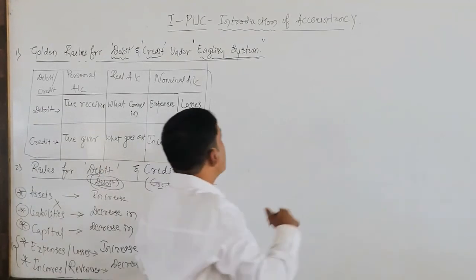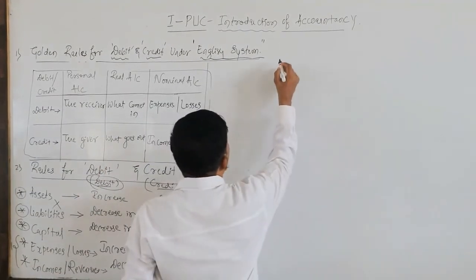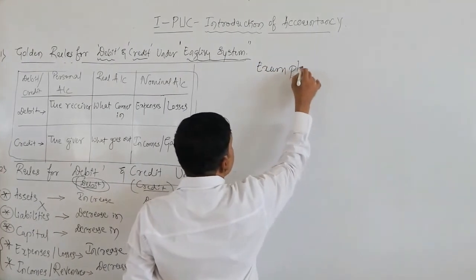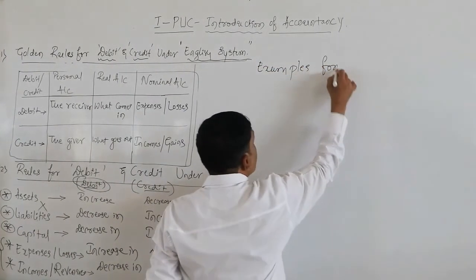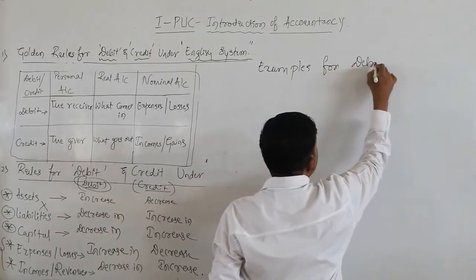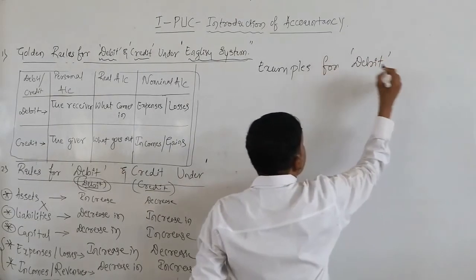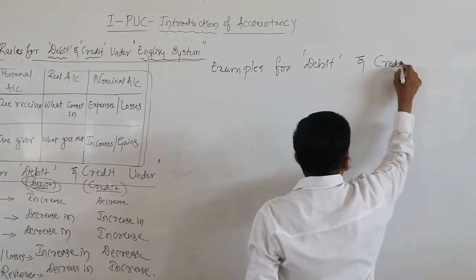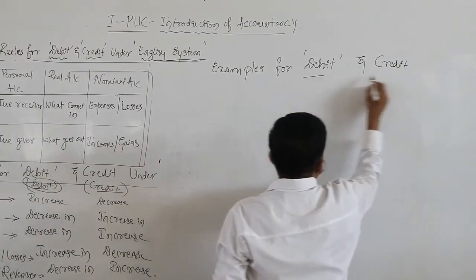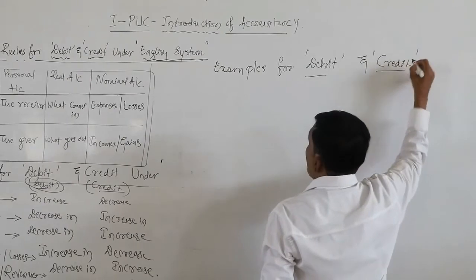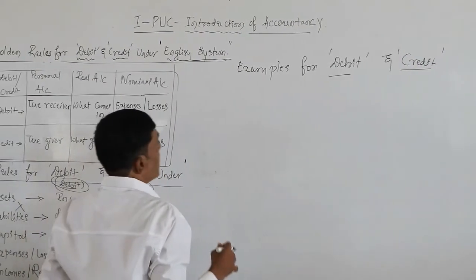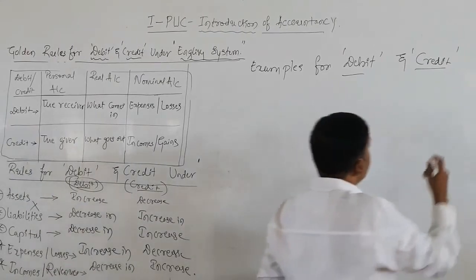Okay, dear students, let us see the examples for debit and credit. Initially, I'm very much interested to give the examples for debit and credit under the English system.